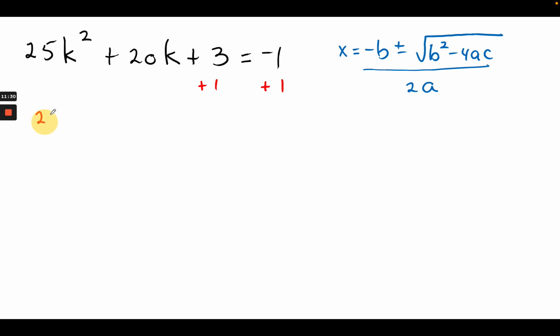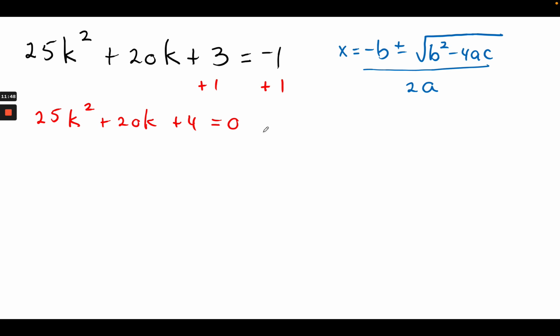And that's going to give me 25k squared plus 20k plus 4 equals 0. So now it equals 0. Now we can go ahead and solve it.